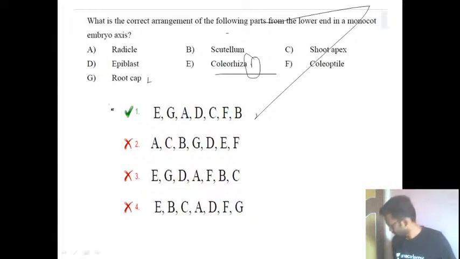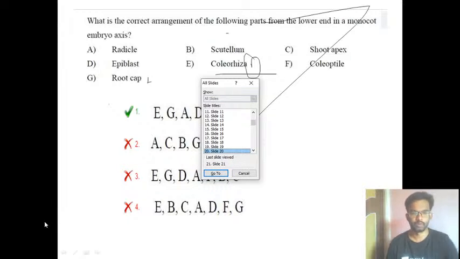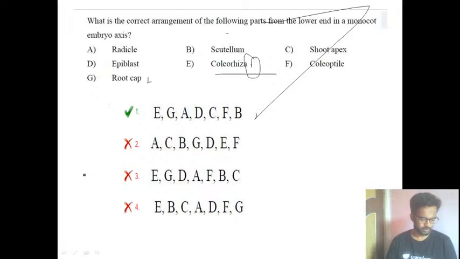It's here. Wait a minute. Okay, sorry, I missed my pen somewhere. I got my pen.